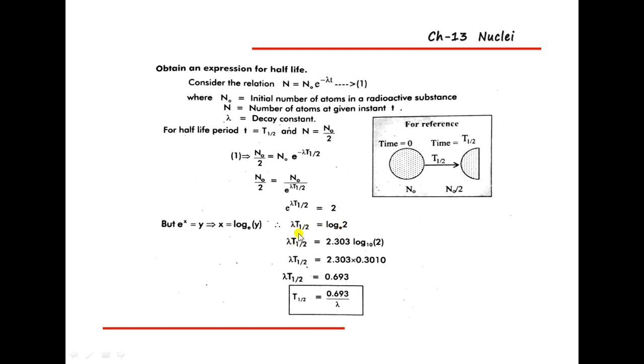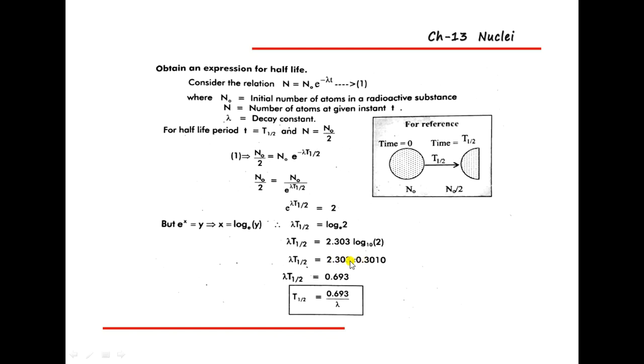Therefore, lambda t half is equal to 2.303 log 2 to the base 10. For base 10 you should consider 2.303 log 2 to the base 10. So lambda t half is equal to 2.303 into 0.3010.